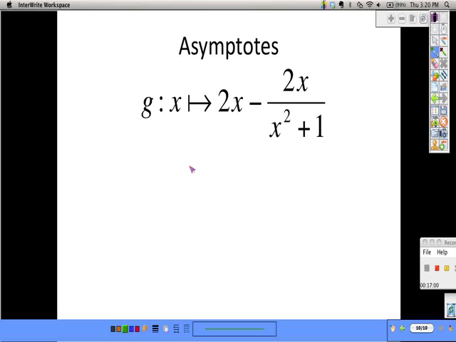Well, starting with the vertical asymptote. Can x squared plus 1 ever equal 0? And you should be thinking, no, it can't. So there is no vertical asymptote.